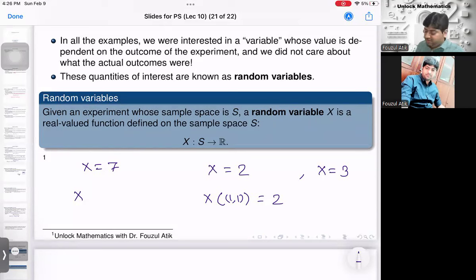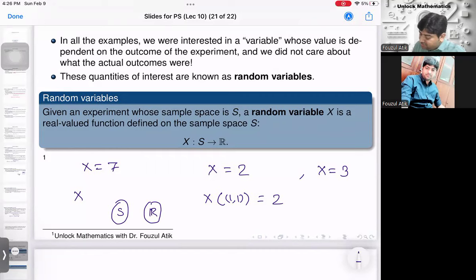So in this case, the domain is the sample space S and the range is the real numbers, because this sum can be 2, 3, 4, up to 12. All of them are real numbers. But these are taking some of the outcomes, right?